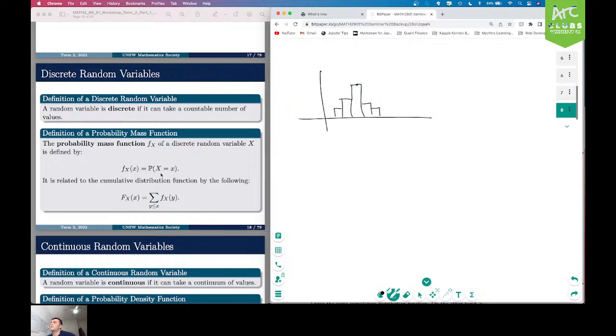So if we want to find the probability that X is equal to 4 or something, we just take the height of that bar, and that will give you the probability. And then again, if we want to find the cumulative distribution function, you sweep up all probability up until a particular point.